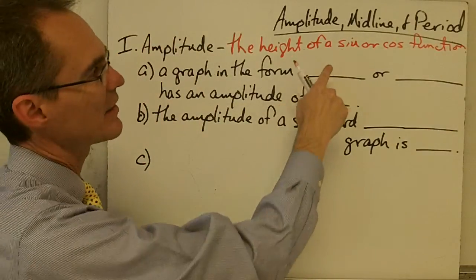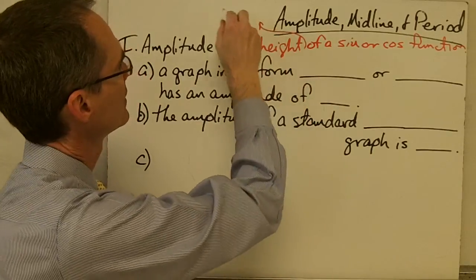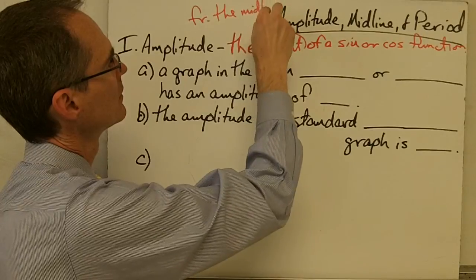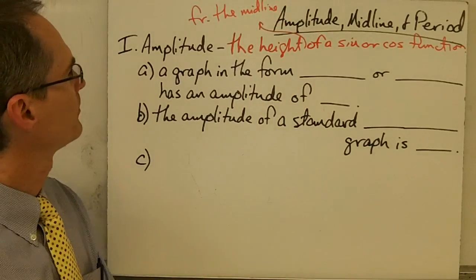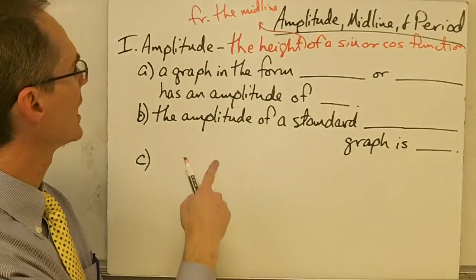And when I say the height, I'm talking specifically about the height from the midline. All right? So it's basically just saying, how tall is a sine or cosine function from the midline.